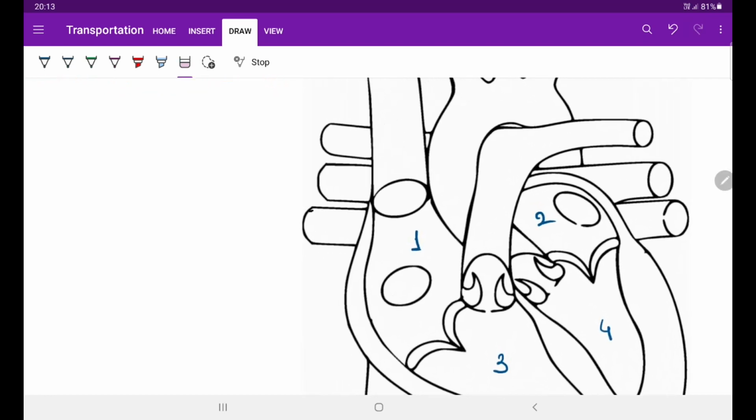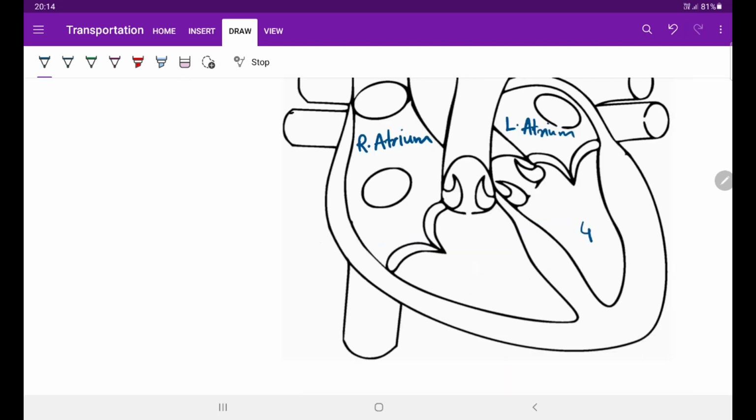The first 2 chambers are called atria, and this is called the right atrium and the second one is called the left atrium. The third chamber is called the right ventricle and the fourth chamber is called the left ventricle.